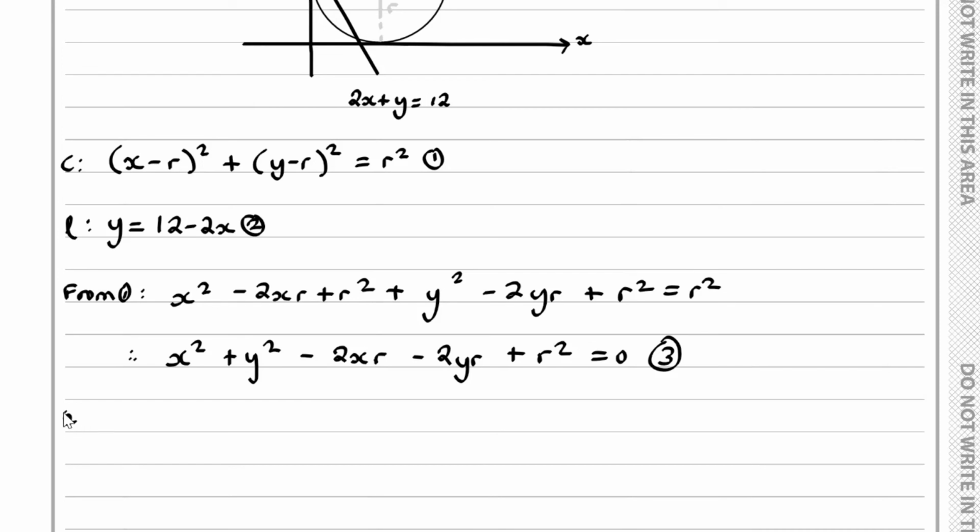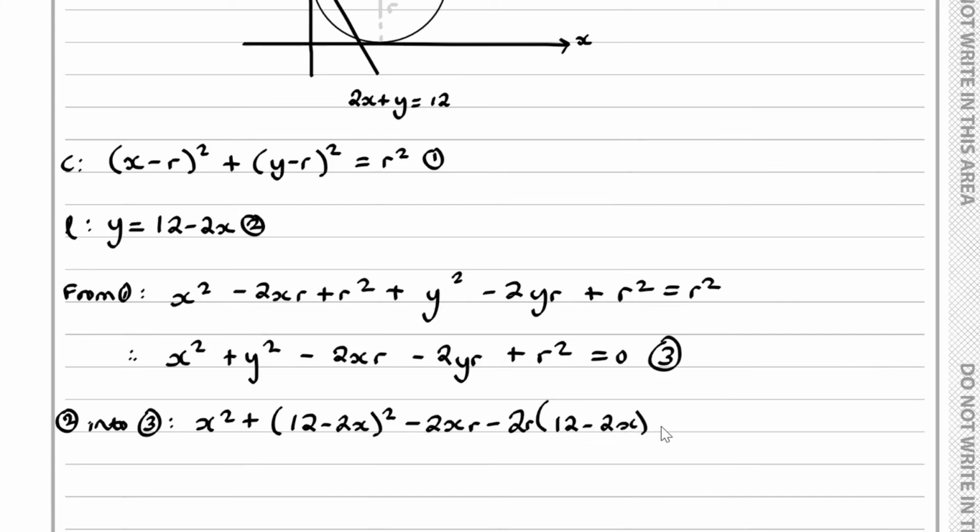So we will now substitute in equation 2 into equation 3. And if we do that, we've got x squared plus y squared, so here we've got 12 minus 2x all squared, minus 2xr minus 2yr, so here we've got 2r lots of 12 minus 2x plus r squared, and all this is equal to 0.